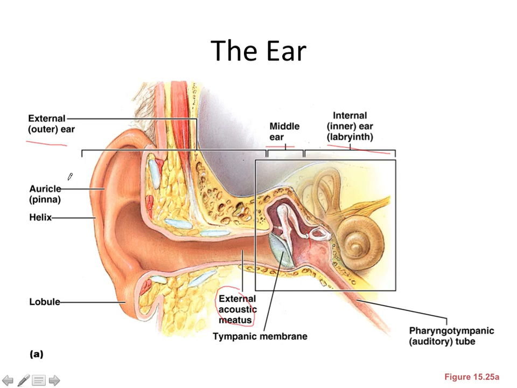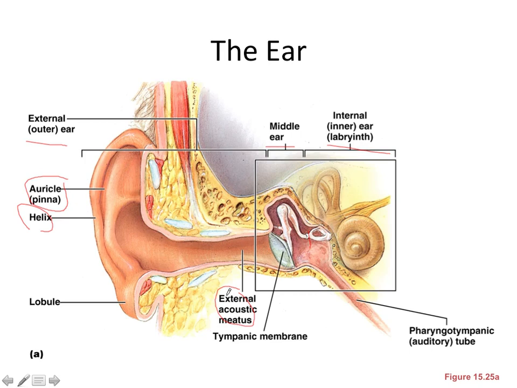The external ear has the auricle. The auricle is elastic connective tissue, and the body of the auricle is called the helix. At the bottom of the auricle we have a tissue filled with fat, called the lobule. The auricle's function is to collect the air sound and guide it to the external acoustic meatus.